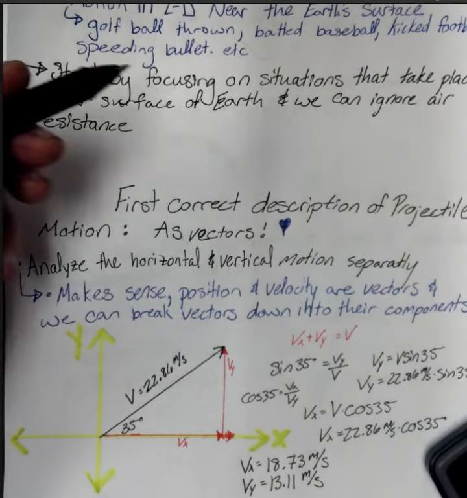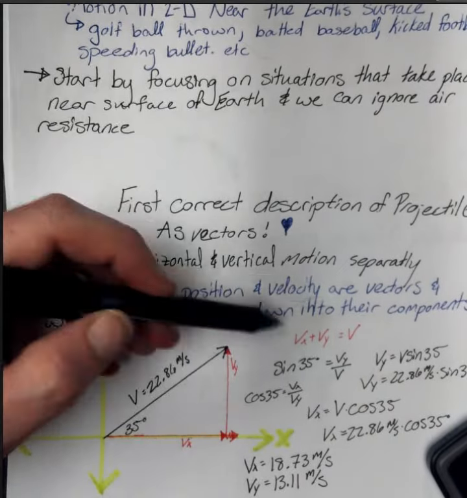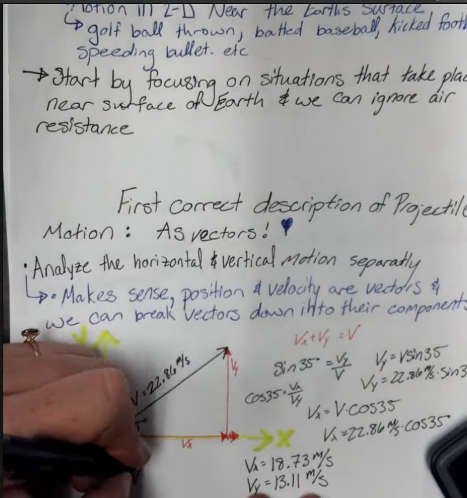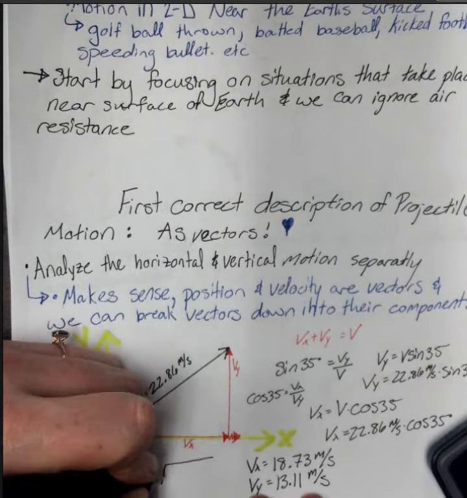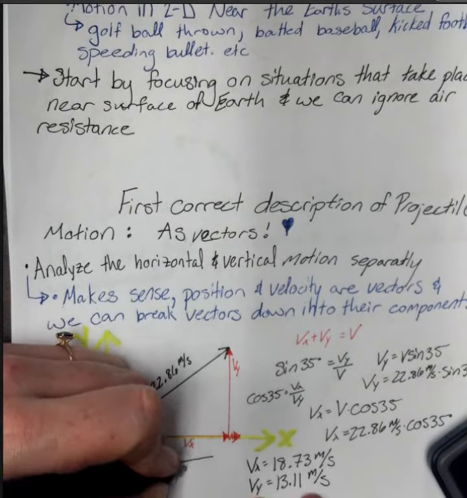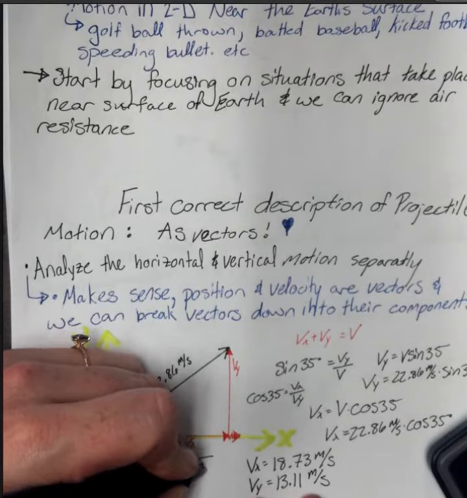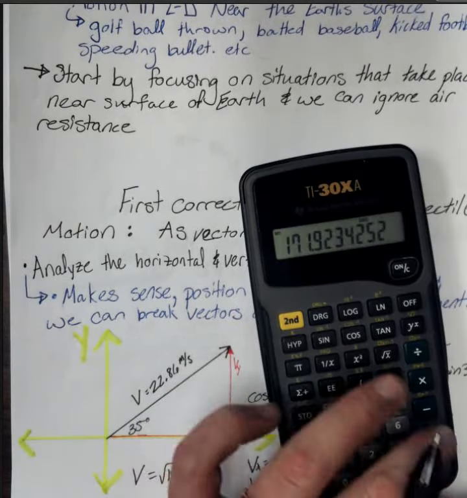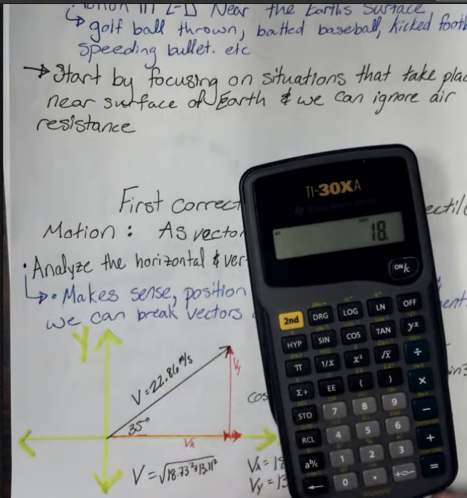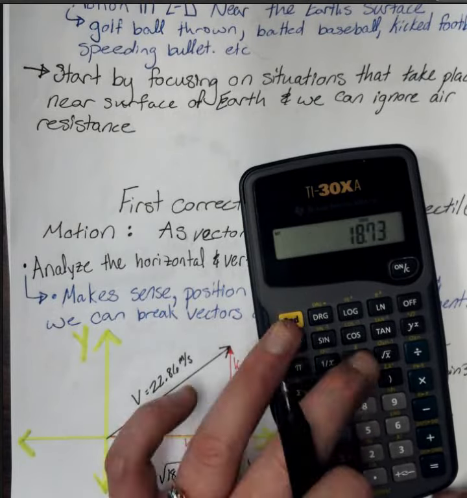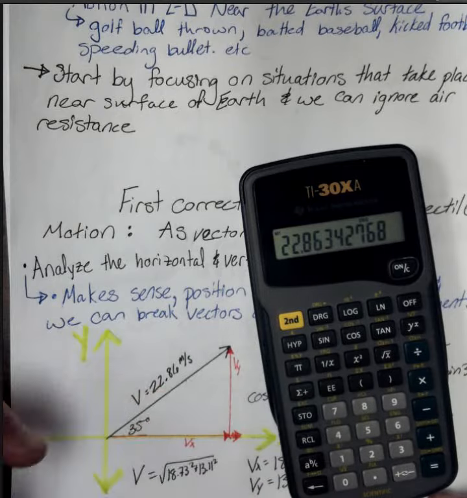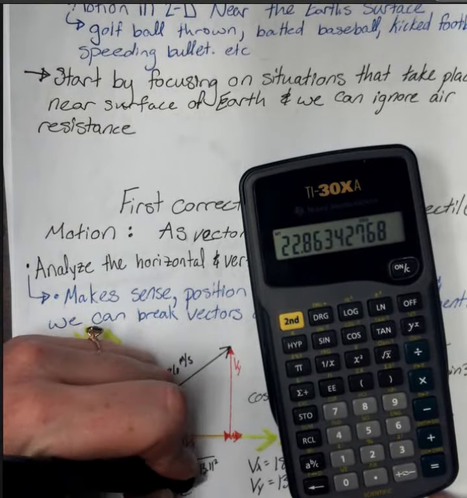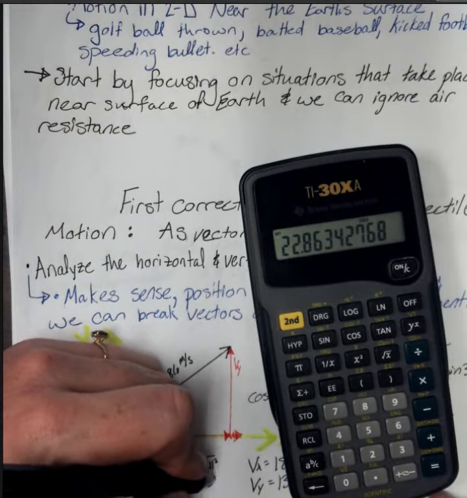I can make sure that I did this correctly, because adding these together vectorially means that V will equal the square root of 18.73 squared plus 13.11 squared. So let's check it out. Hey, look, that equals 22.86 meters per second.